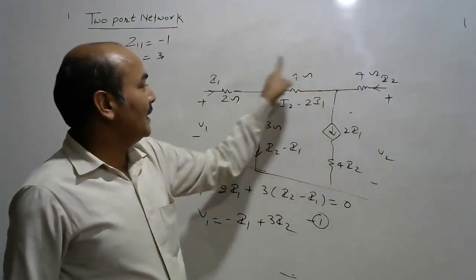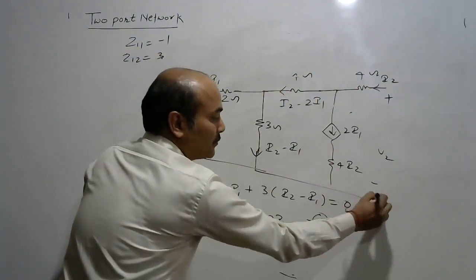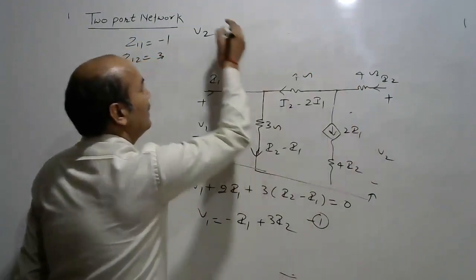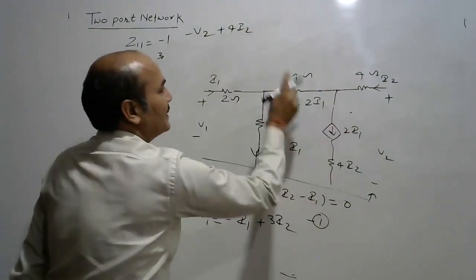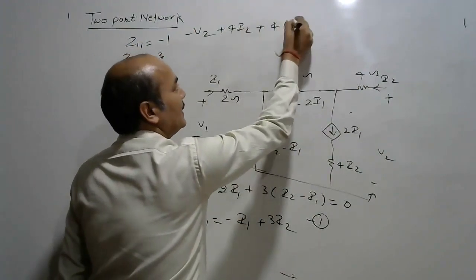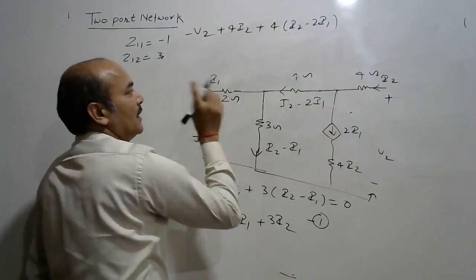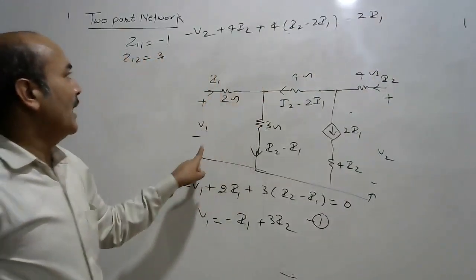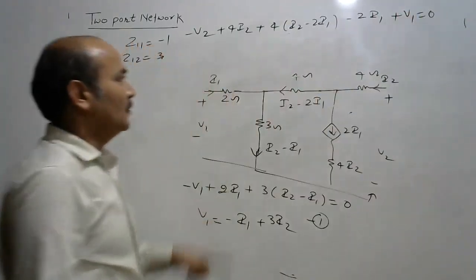So I am applying the KVL in the outer loop. Starting from this point, we are getting negative. So this is minus V2 plus 4I2. The next term is plus 4 times the current, which is I2 minus 2I1. Here we are opposing the current, so minus 2I1, and we are getting plus V1, equal to 0.